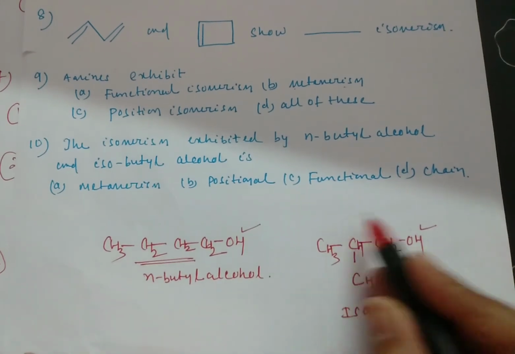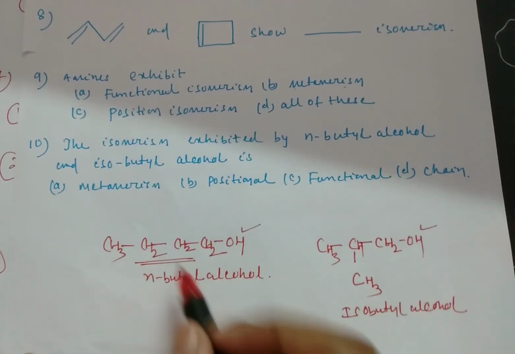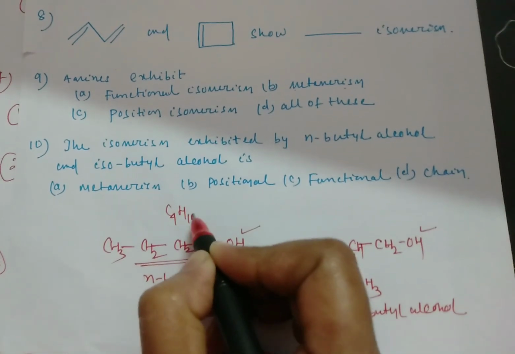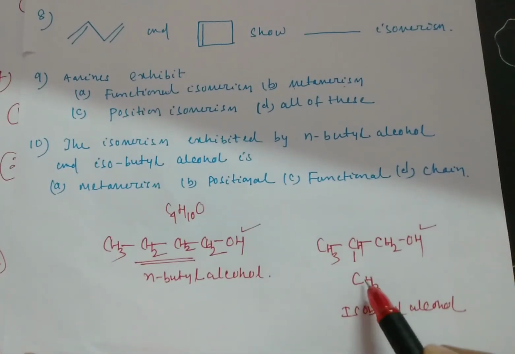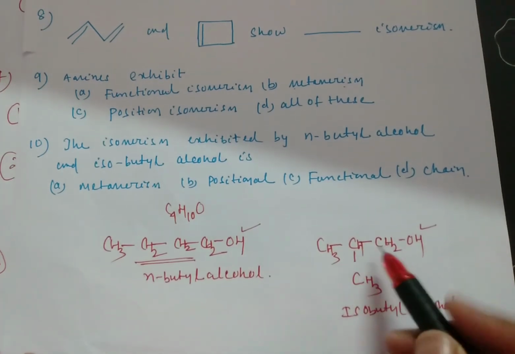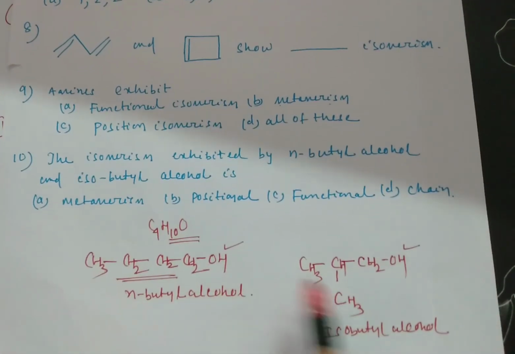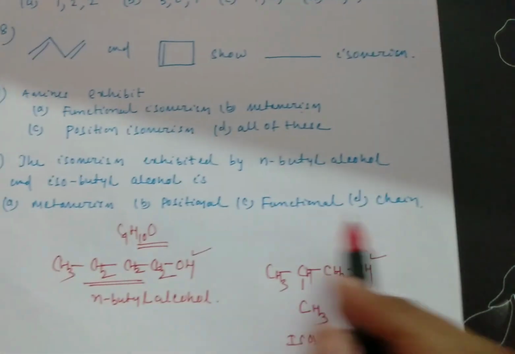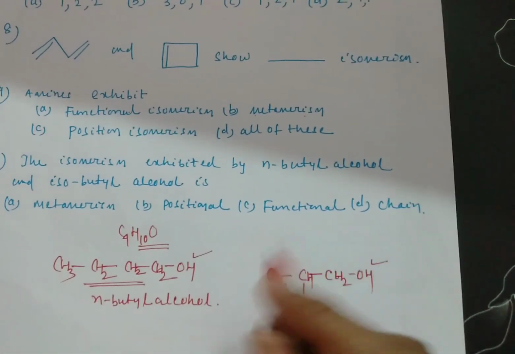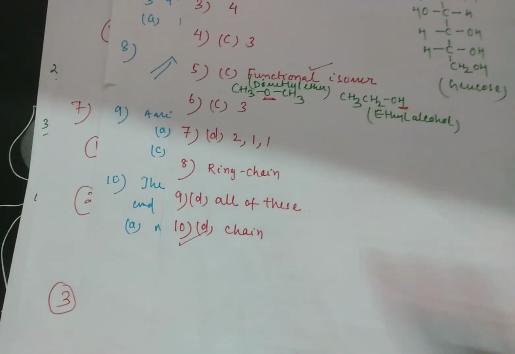This is a straight chain, this is a branched chain. With the same molecular formula, C4H10O. So these two only differ in their carbon chain lengths. So what is the answer? The answer is chain isomers. So N-butyl alcohol and isobutyl alcohol are chain isomers of each other.